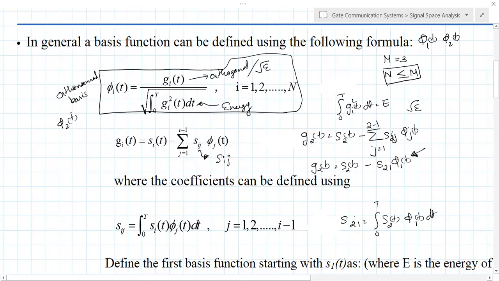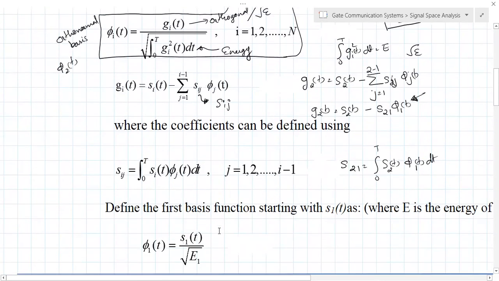And using this formula, you can calculate the coefficient. So this is the third formula that we require. But there is a special case when evaluating phi1, instead of using g1(t) and so on, because there is no expansion in this formula when i is equal to 1.